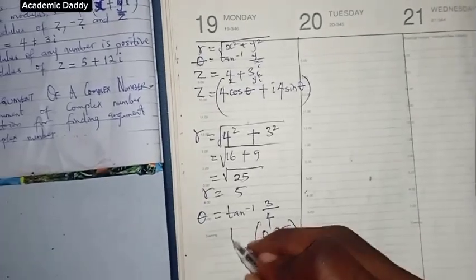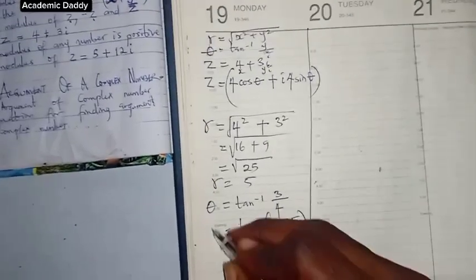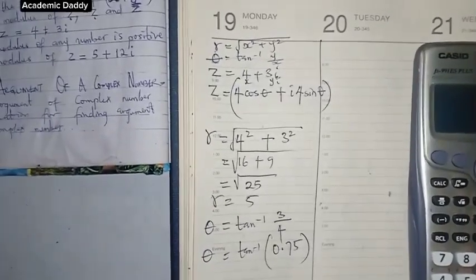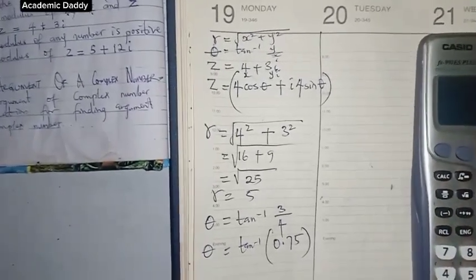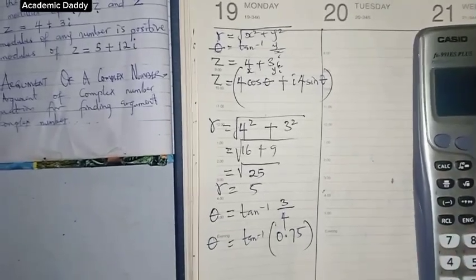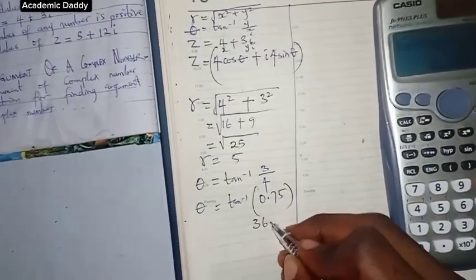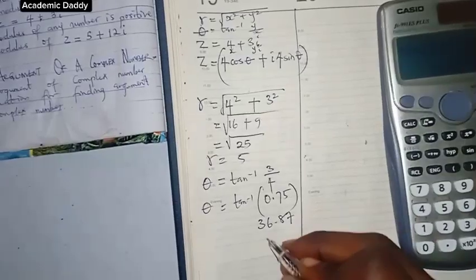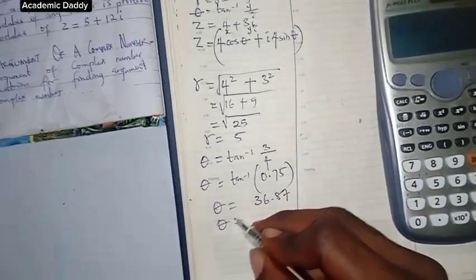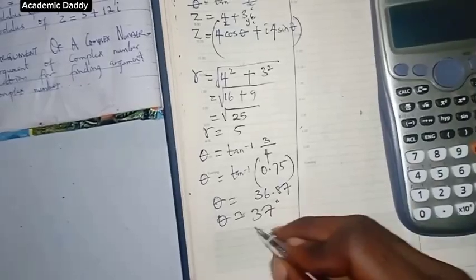So theta equals tan inverse of 0.75. Shift tan 0.75 gives me 36.87. So theta is approximately 37 degrees.